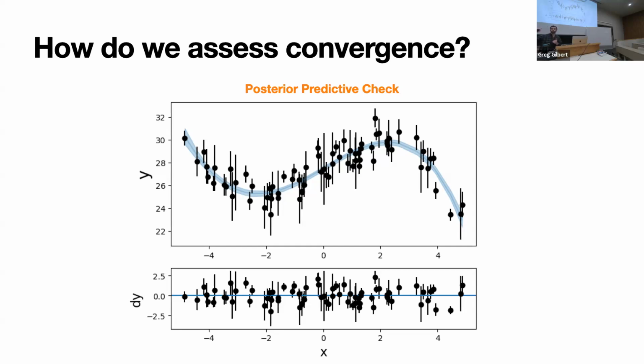I like to use percentiles rather than mean and standard deviation because they're a little bit more robust. They also allow for asymmetry in the posterior. If your posteriors are Gaussian, then this is going to be equivalent to plotting the mean and the standard deviation. But again, probably just check both mean, standard deviation, and this percentile-based way.